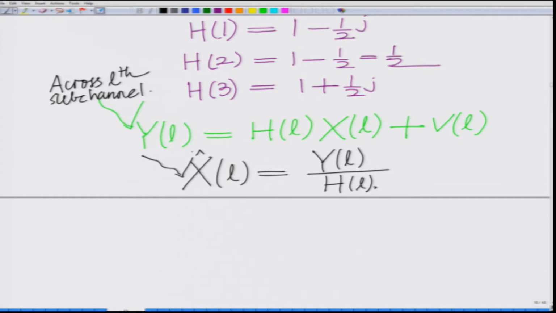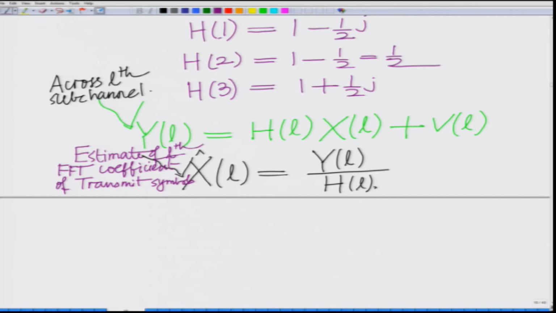This is the estimate of the FFT coefficient of the transmitted symbols, which are the small x's.